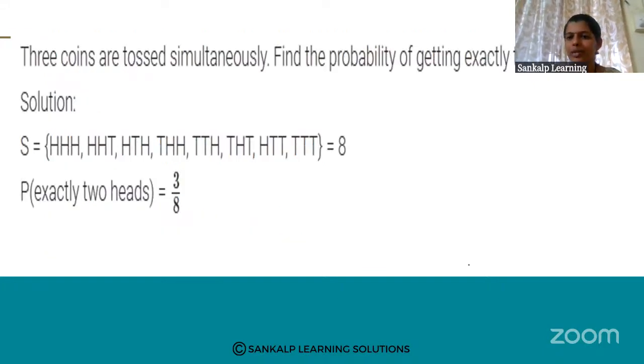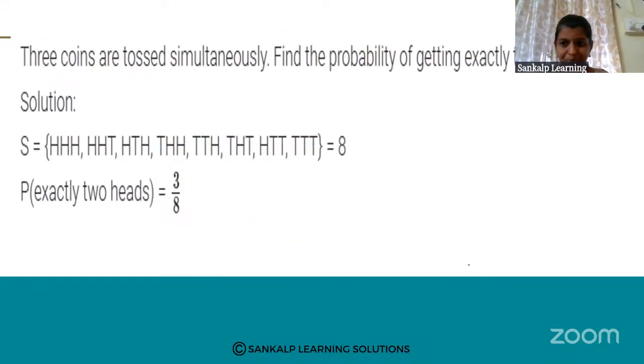Okay. So next, 3 coins are tossed simultaneously. Find the probability of getting exactly 2 heads. See, if you are tossing 3 coins simultaneously, then you will get head head head, head head tail, head tail head, tail head head, head tail tail, tail head tail, tail tail head, tail tail tail.